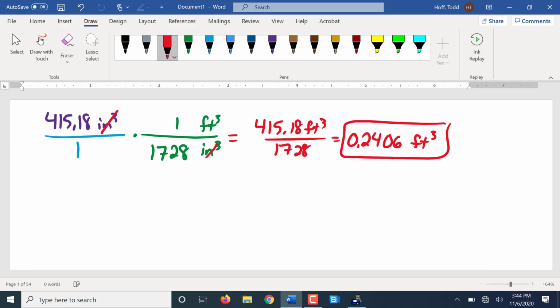Cubic feet. So it's less than a quarter of a cubic foot.